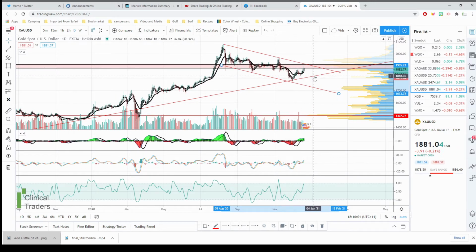I would dare say if this uptrending line convincingly broke down here, I would think that we're probably headed for lower prices, perhaps somewhere in this area here where we would see a lot of past trading occur. So it's possible we could get all the way down to 1730, maybe even as low as 1696 or around that 1700 mark.